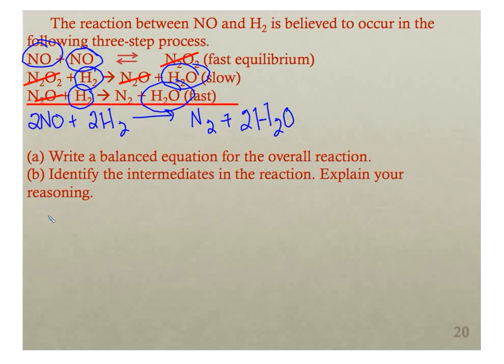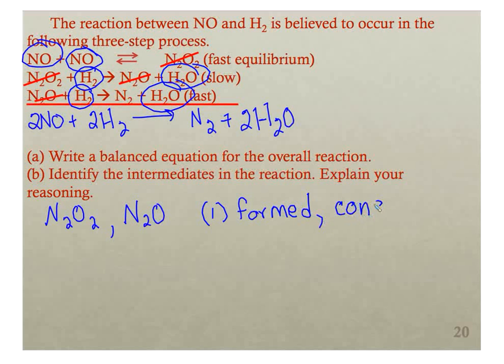Now, our 2 intermediates were N2O2 and the N2O, and there's 2 reasons we would include those. One is that they are formed and then they are consumed. That's different than a catalyst, which is present and then reformed.